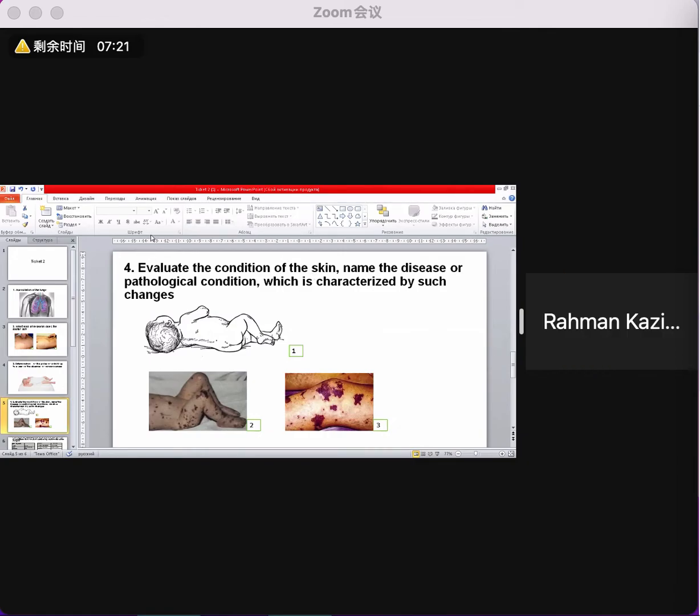This is meningococcal infection. Yes, that's right. So this is hemorrhagic skin rash in meningococcal infection. And in the first picture, what can we see?